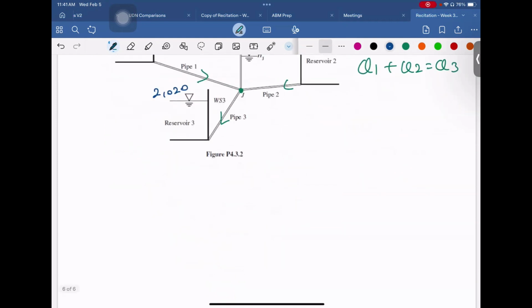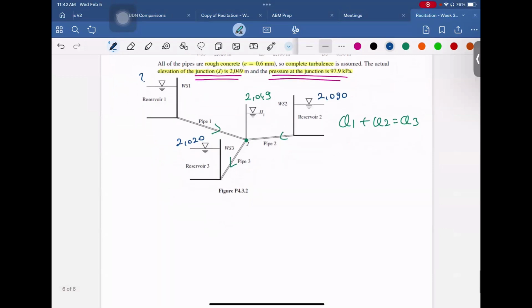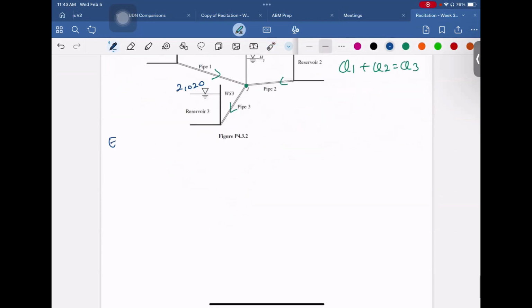Let me take that. Okay, first let's get started with the energy equation between J and 2. So I'm going to write it here.